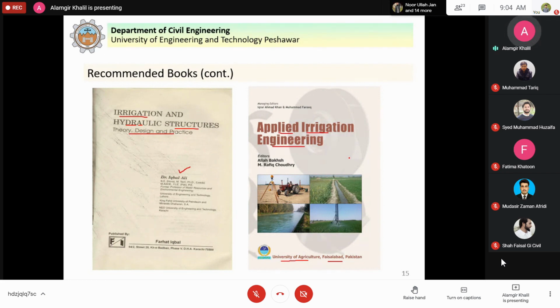So you can get the latest data from this book published in 2017. Now for Irrigation and Hydraulic Structures, Theory, Design and Practice, we have 21 copies available in our library. So you can issue this book from the library.